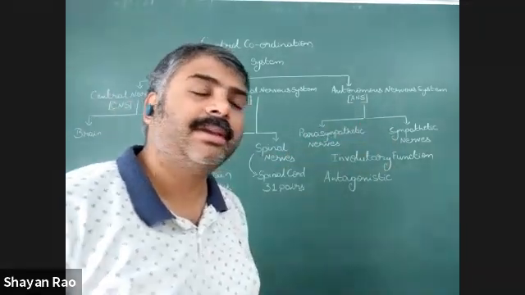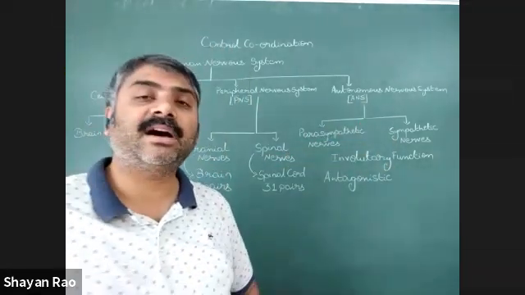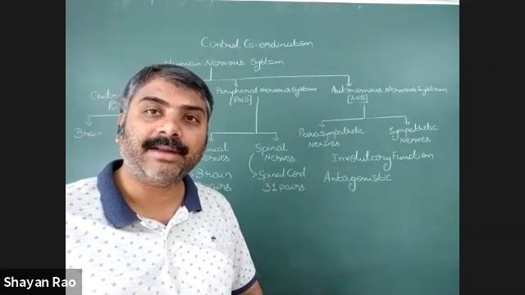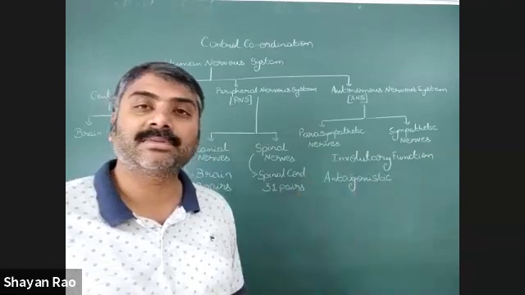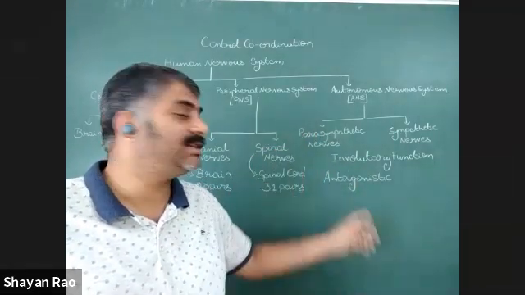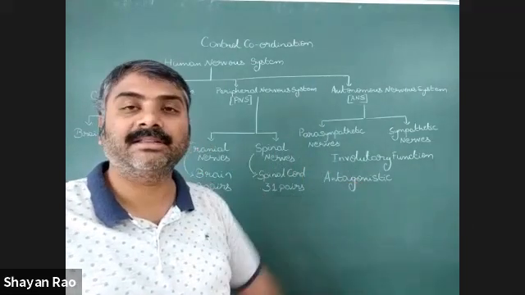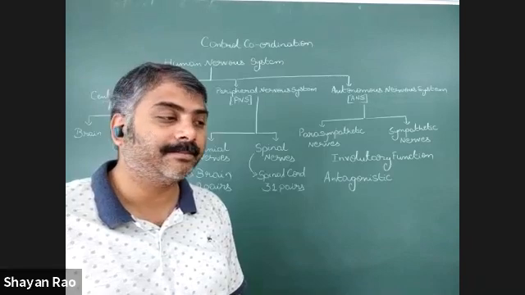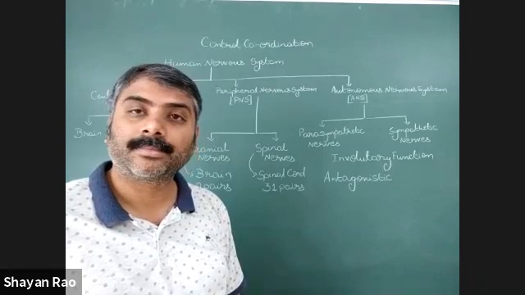Simply put, if sympathetic nerves help in increasing the heartbeat rate, parasympathetic nerves bring the heartbeat rate down to normal. That's why they are called antagonistic, meaning opposite functions are performed by them. Is that clear? Yes, sir.